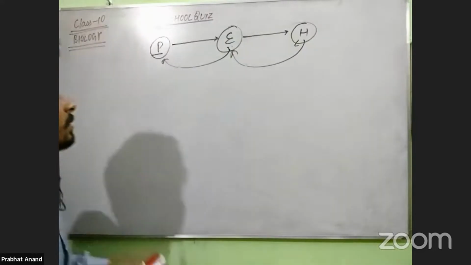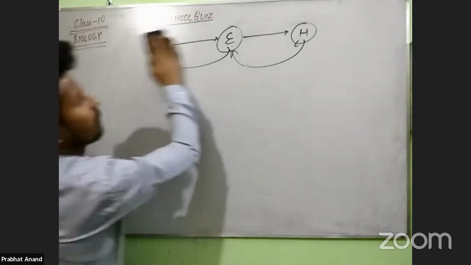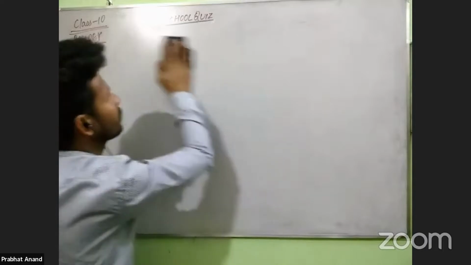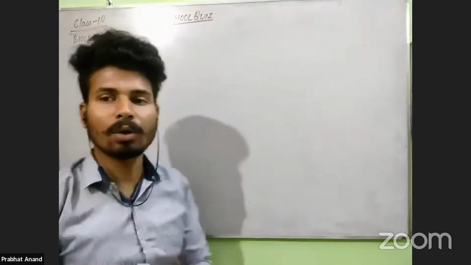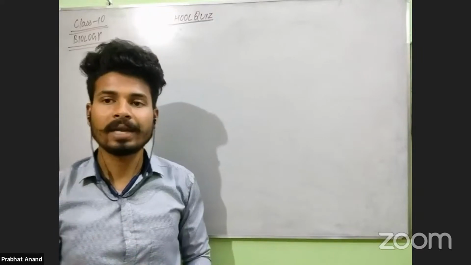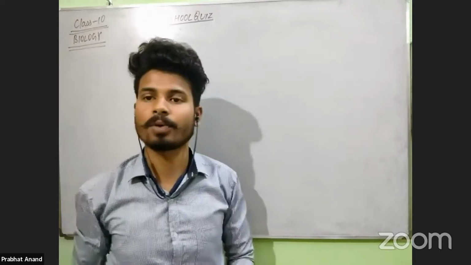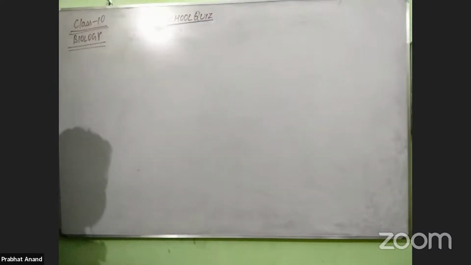Got it? So all proteins are not enzymes, all proteins are not hormones, but all enzymes are proteins, and we can say all hormones are proteins, right? Please keep these things in mind.